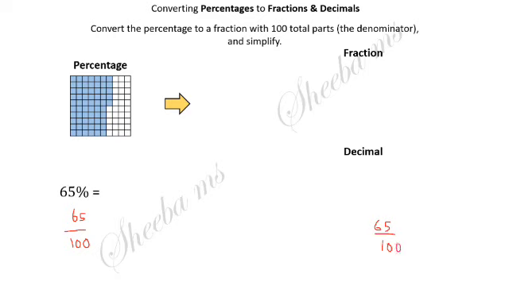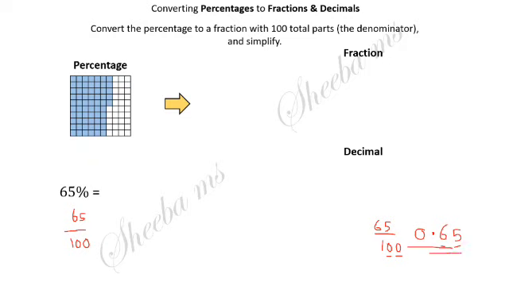Two zeros are here, so two places after the decimal point. So after the decimal point there will be two places. So 0.65, that is the decimal format.